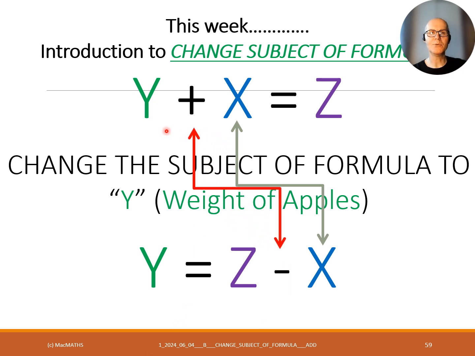On the left hand side we are adding X, so that means on the right hand side we must subtract X. To change the subject of formula from Z to Y, we move the X from the left hand side to the right hand side, and we do the inverse operation. The inverse operation, remember rule 1, is changing from adding X to subtracting X.